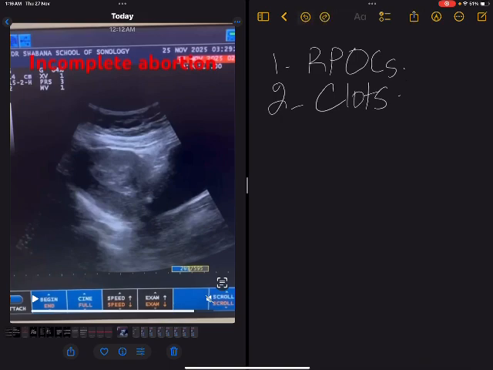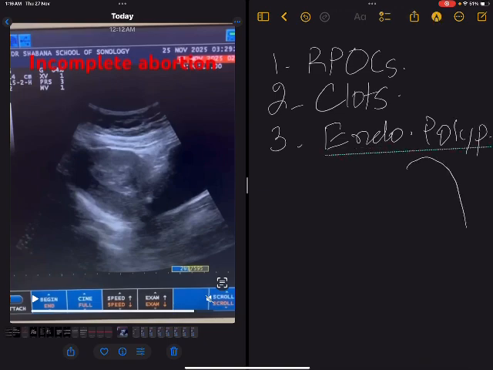So the third one is the endometrial polyp. In case of endometrial polyp, as you know, if I draw the endometrium here, you can see a smooth echogenic focus in the endometrium, and there is always a stalk.